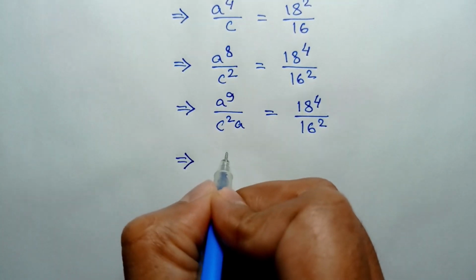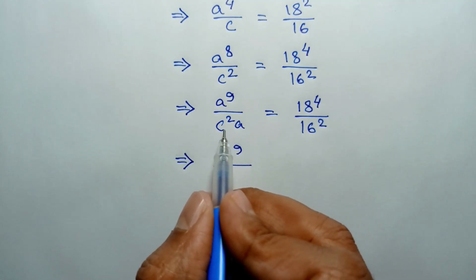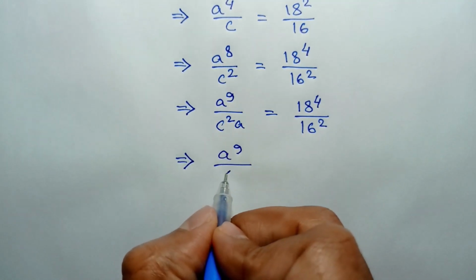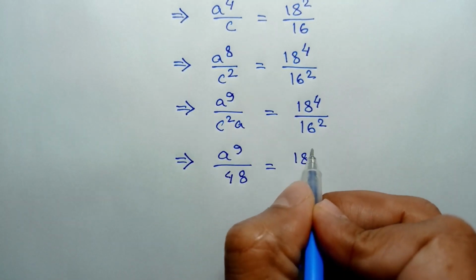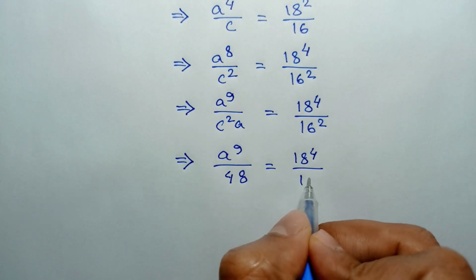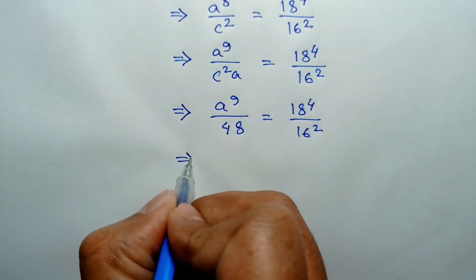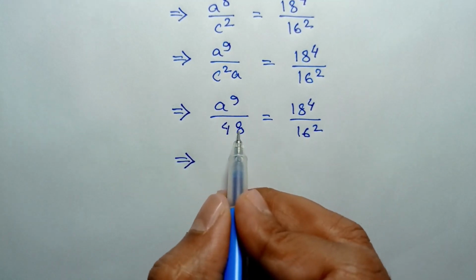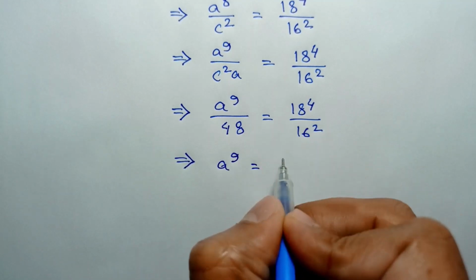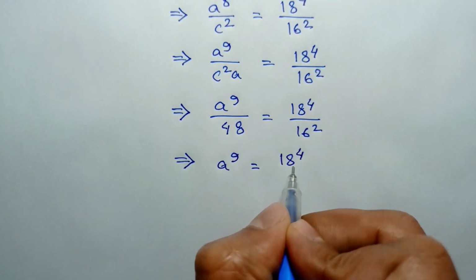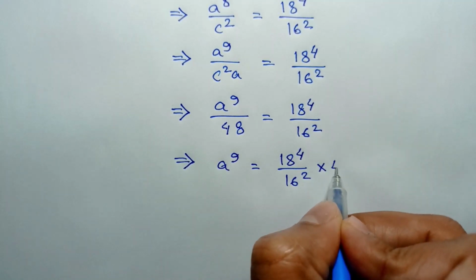From equation 3, the value of c square a is 48, so a to the power 9 over 48 is equal to 18 to the power 4 over 16 square. Multiplying both sides by 48, we will have a to the power 9 is equal to 18 to the power 4 over 16 square times 48.